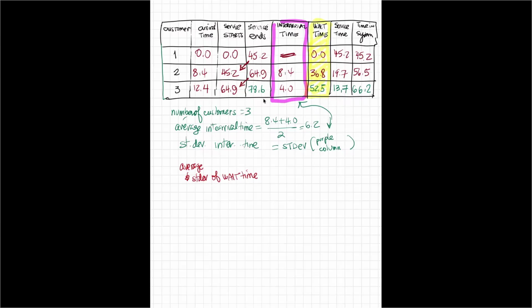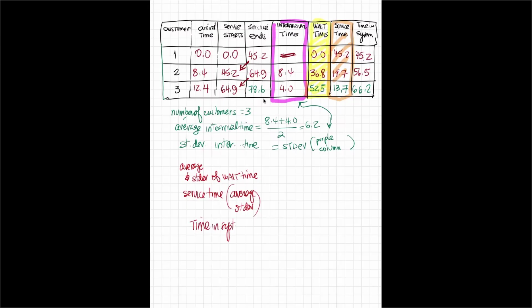I don't know, 30 or 40. Something along the lines of 30. Service time, the same, right? Average and standard deviation of service time. What's the average service time so far? The average of 45, 19, and 13, whatever that is. So we're talking about the average and the standard deviation of this column. And time in the system is also an important stat.